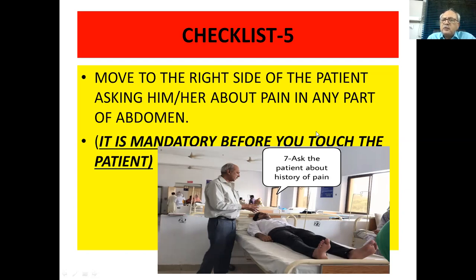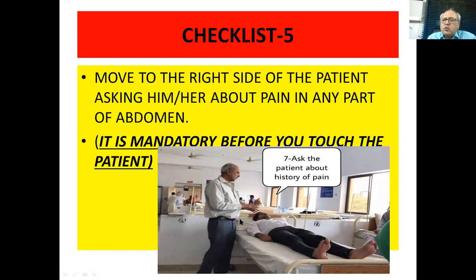And number three, you sit down on the foot end of the patient and ask the patient to cough, and then ask the patient to touch his sternum with his chin. This is called Cornet sign. After these steps, you will move again toward the right side of the patient.